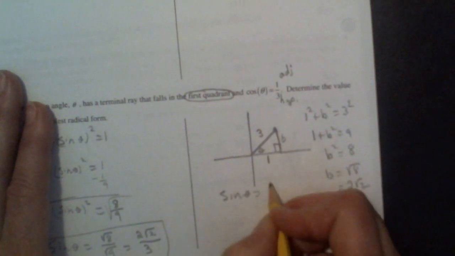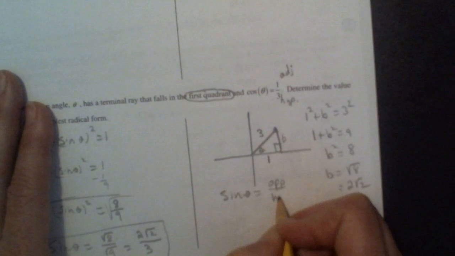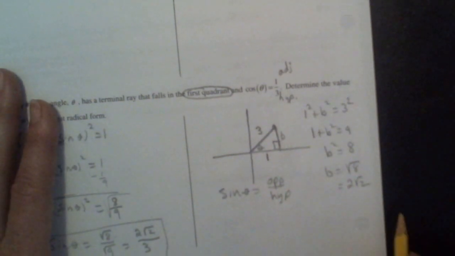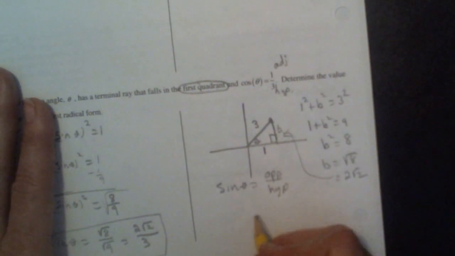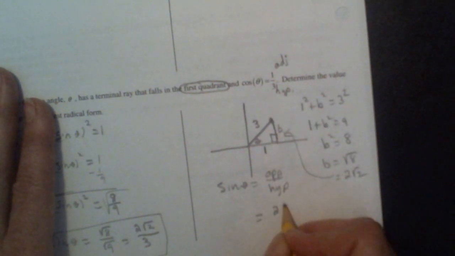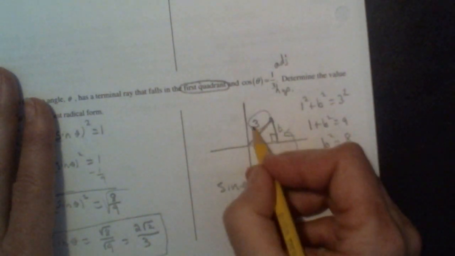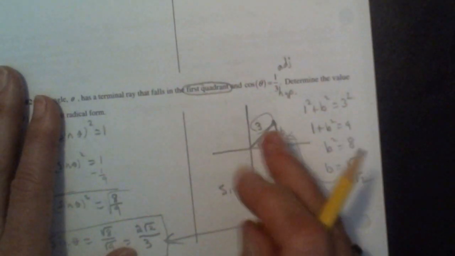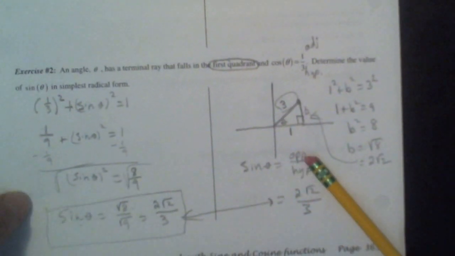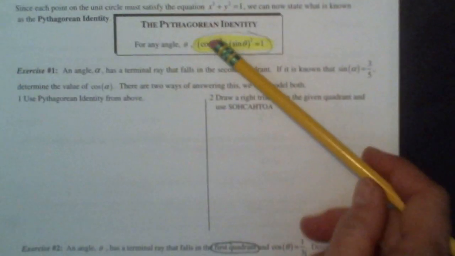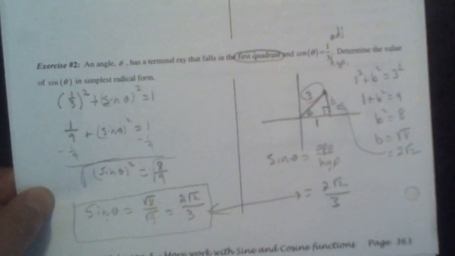And now SOHCAHTOA says the sine of that angle is equal to the opposite over hypotenuse, and the opposite side, which is b, is equal to 2 square root of 2 divided by the hypotenuse, which is 3. And you get the same exact answer using 2 different methods. It doesn't matter which method you use, unless they tell you to use a Pythagorean identity, then you have to use this method.